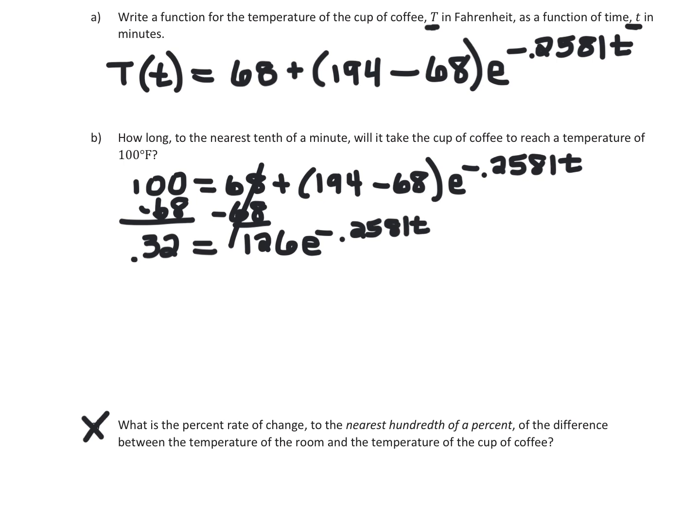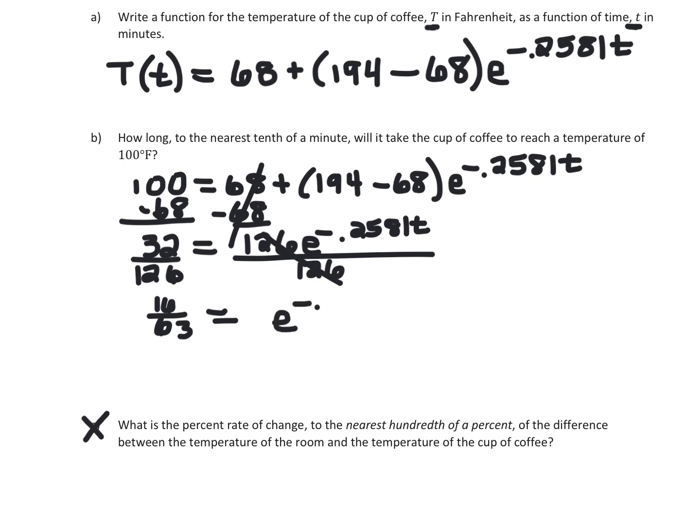Okay, then we're going to divide both sides of the equation by 126. And 32 divided by 126, if you want to simplify that, that fraction simplifies to 16 over 63. And on the right side of the equation, I'm left with e to that power.